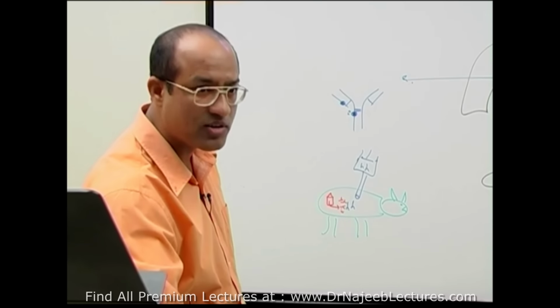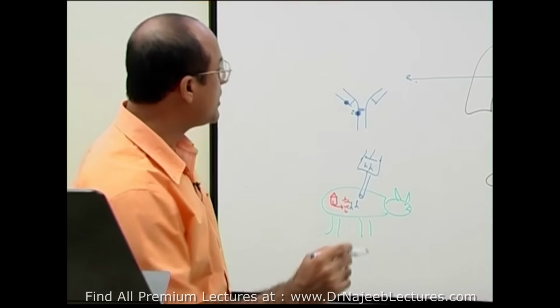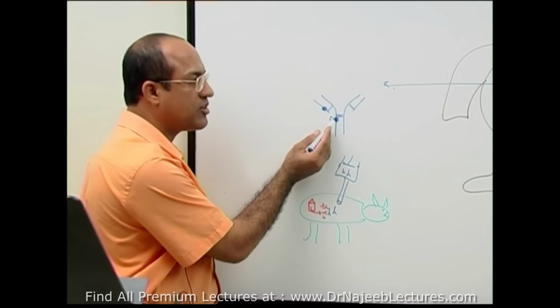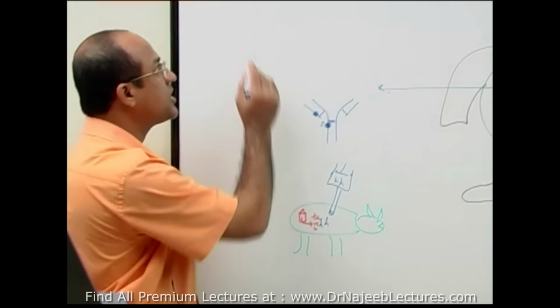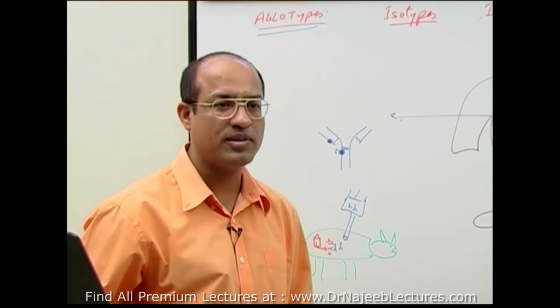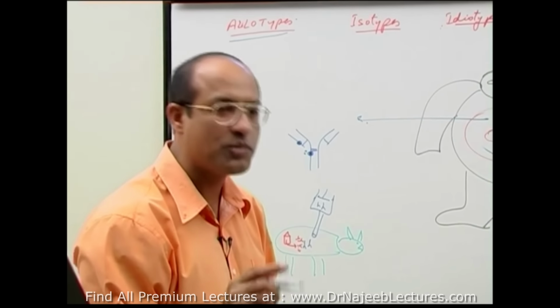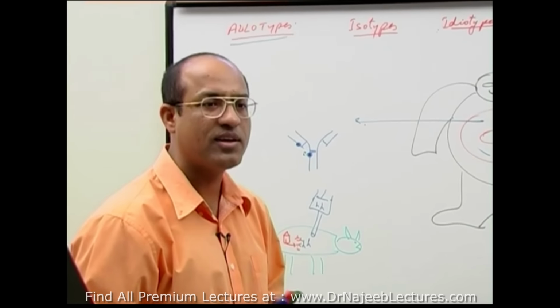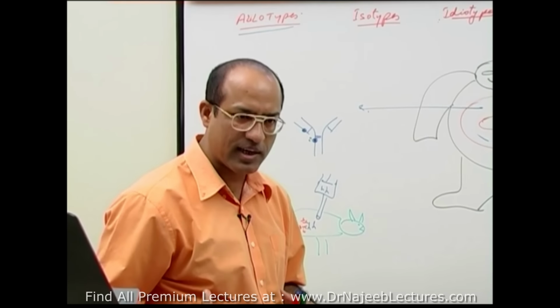But for your antibodies, all of them will have the same antigenic determinant. So if we classify human antibodies according to this antigenic determinant, we say we are doing allotyping. So I have one allotype and you have one allotype. So all the antibodies which are present in one person determine that person's allotype.